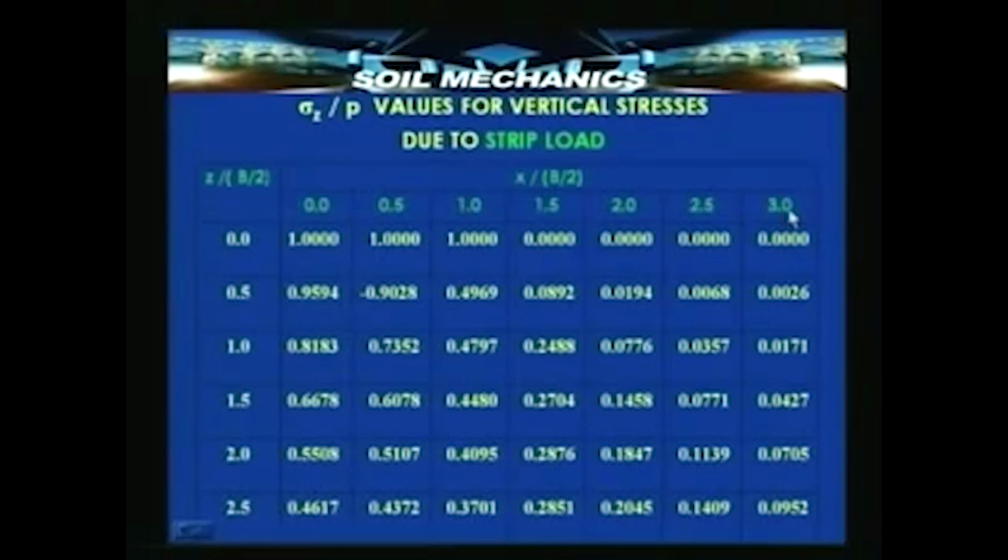The range of z in this chart is 0 to 2.5 and the range of x is from 0 to, you can see here, 3, which means that the use of this table is restricted to a non-dimensional depth of 2.5 and a non-dimensional x coordinate of 3.